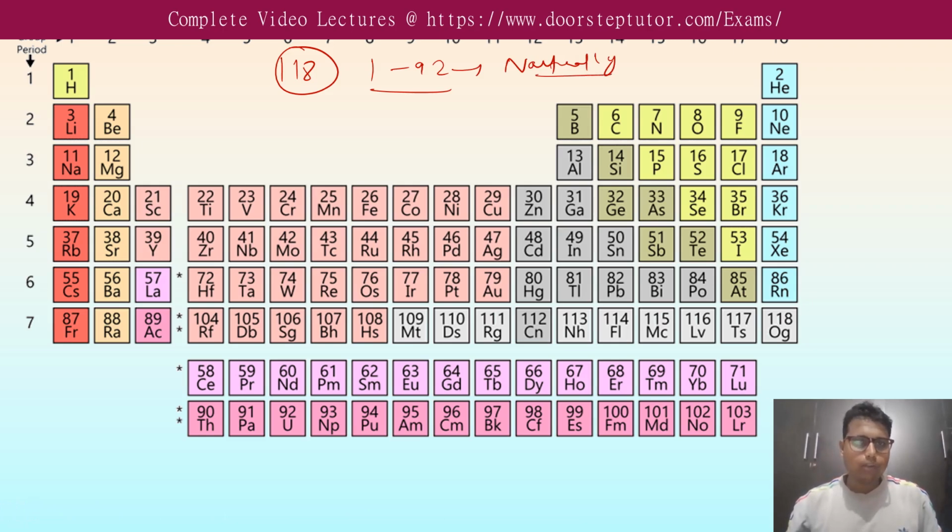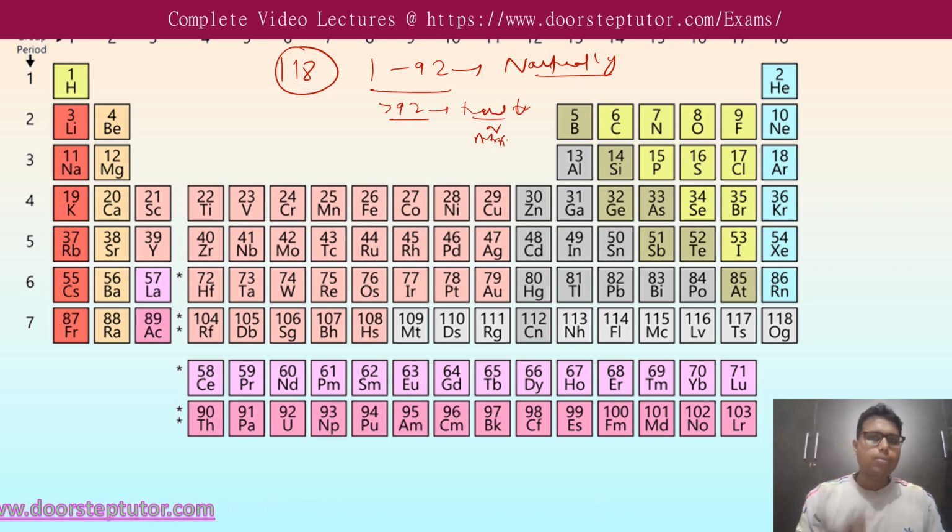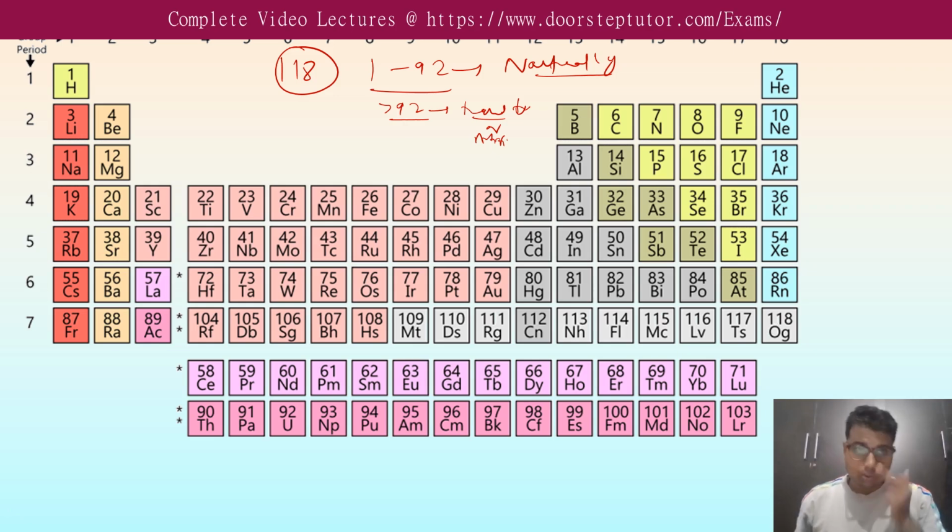And when we talk about the elements after the atomic number 92, they are considered as the transuranic elements. They are considered as artificial elements which are actually formed in the lab.